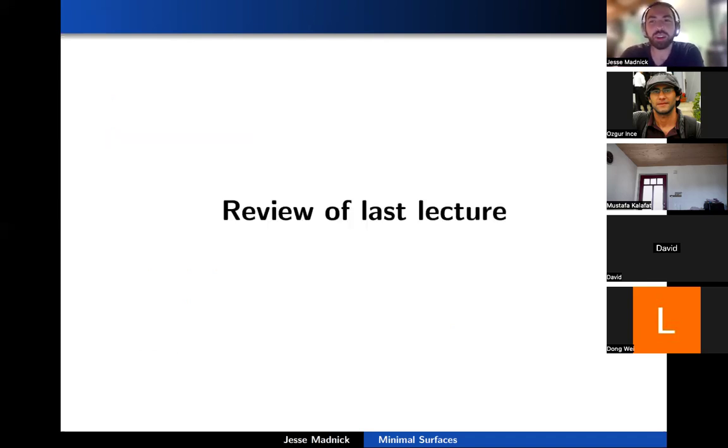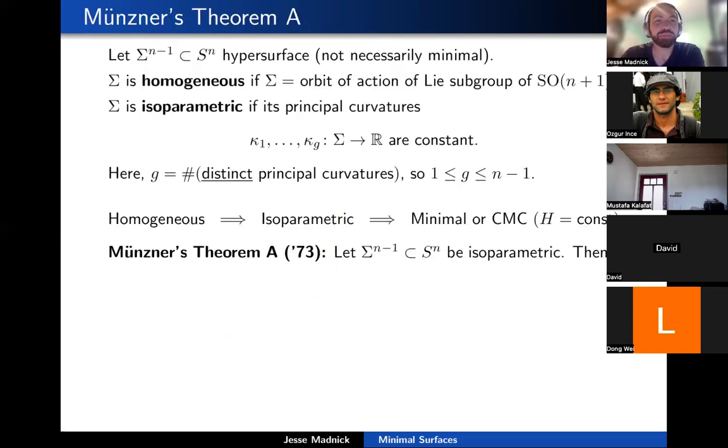So let's recall what it is we're doing. We are considering hypersurfaces in round spheres. Recall that a hypersurface is homogeneous if it's the orbit of an action of a Lie subgroup of SO(n+1). And it's called isoparametric if all of its principal curvature functions are constant.